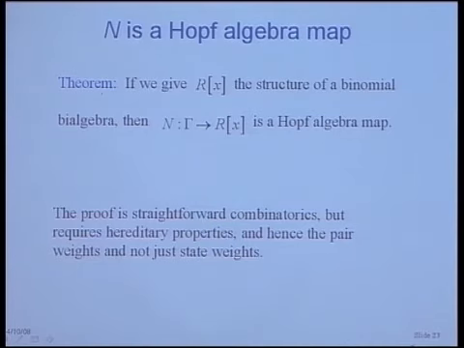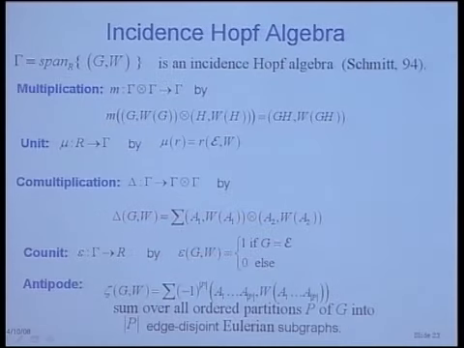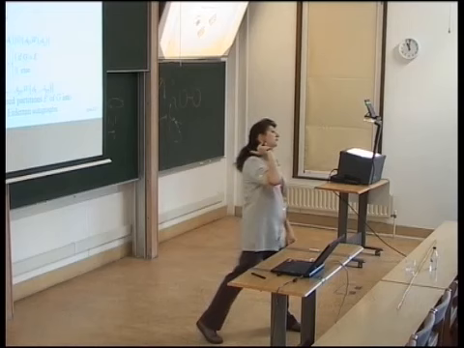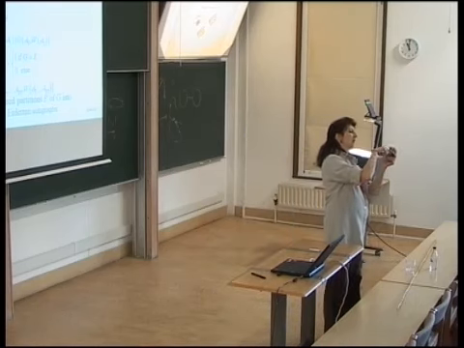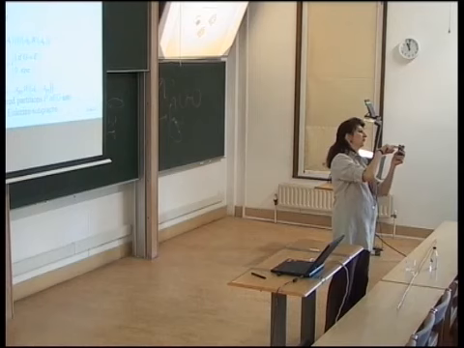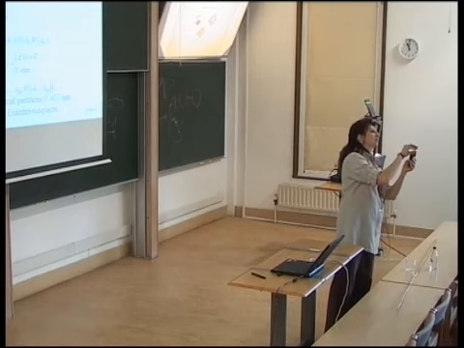Could you go over the antipode again? The antipode takes partitions of G into ordered partitions. This is important: ordered partitions of G into edge disjoint Eulerian subgraphs. So you can think of them as the K partitions where we don't care about what the exact circuit is, just that set of edges.